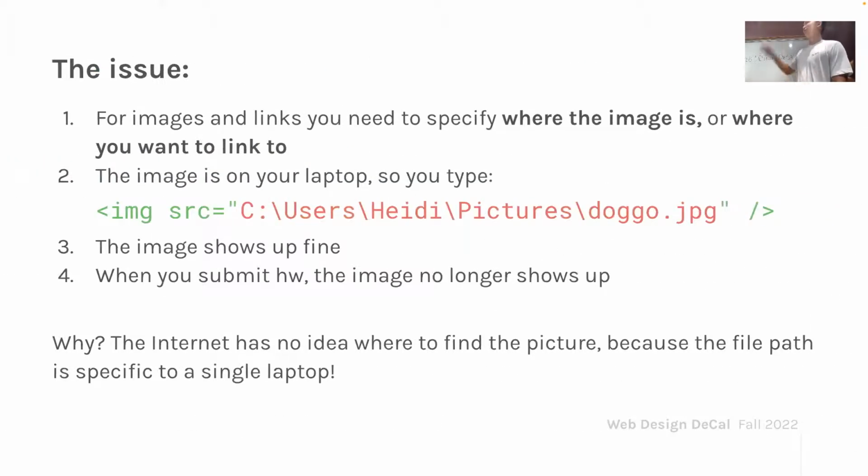So if you need to specify an image, you need to make sure that the path you're using is correct. For example, if you have a dog picture called doggo, and you copy the entire path from the top of the file explorer, like the C drive, users, Heidi, pictures, doggo, and you submit it to homework, we will not be able to see the picture because we don't have a Heidi folder or a pictures folder within our own computers.